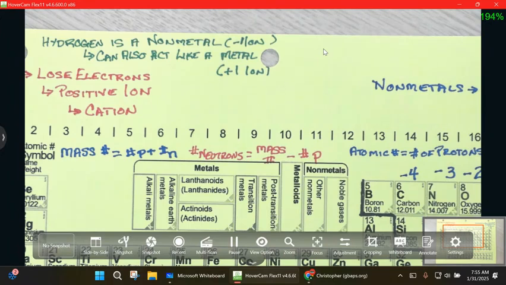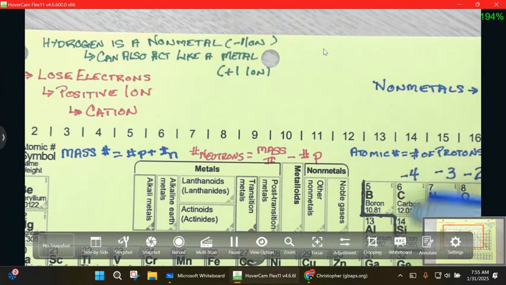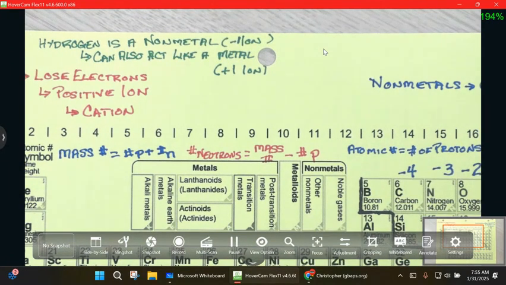Now, how many electrons fill the outer energy level normally? What's the magic number? 8. Remember group 14 here? Plus 4 and minus 4? It's no easier to lose 4 than it is to gain 4, correct? But in the first level only, how many electrons are there?